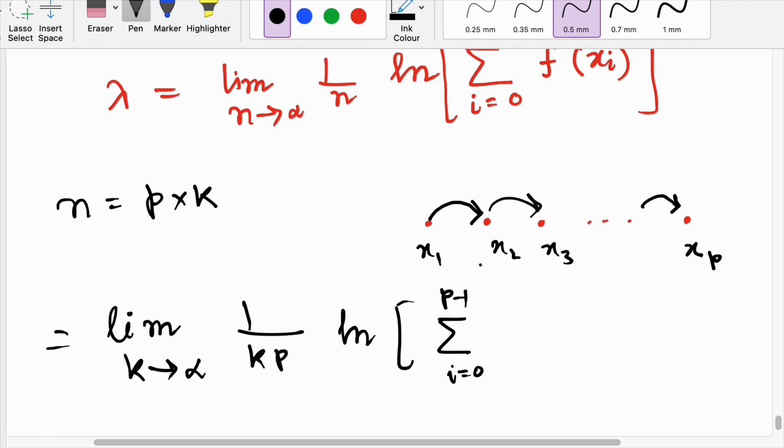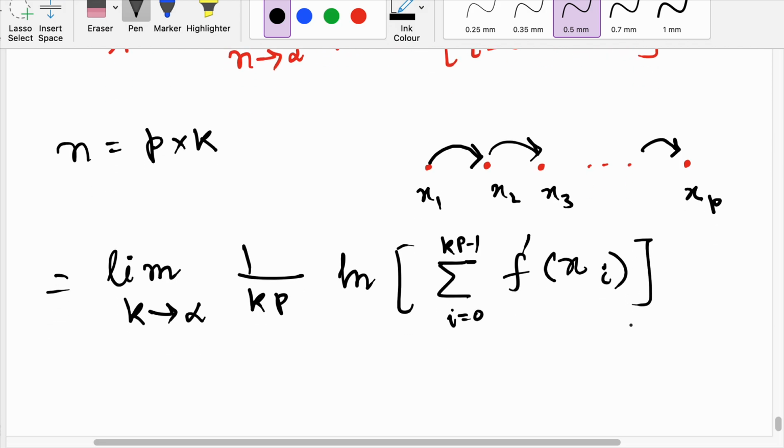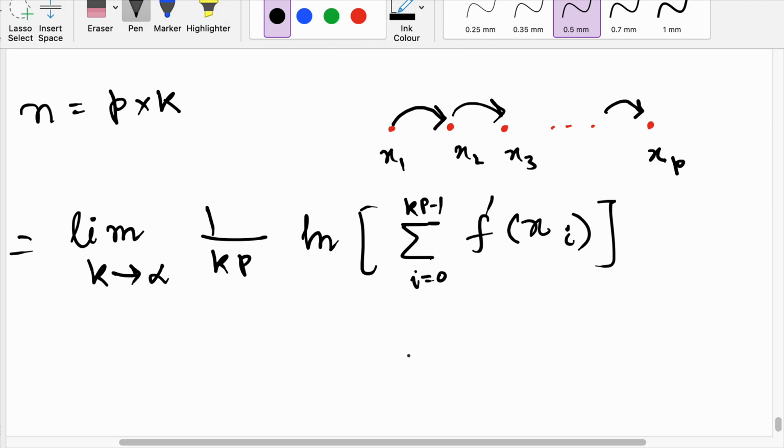So the p points will be the same. Okay, let me write it in this way, kp minus 1, f prime of xi. So you see there are kp points.